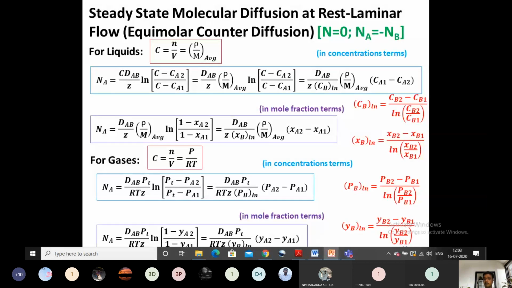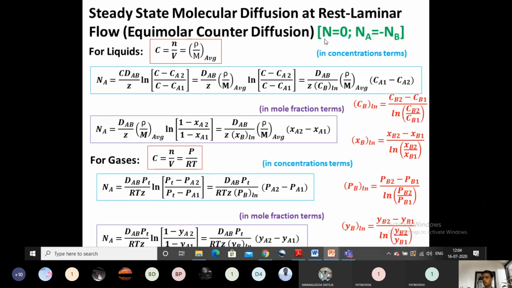In that case, the net flux N is equal to Na plus Nb, which will be 0, because Na is competing with Nb. These fluxes, or mass transfer rates, will have opposite signs.